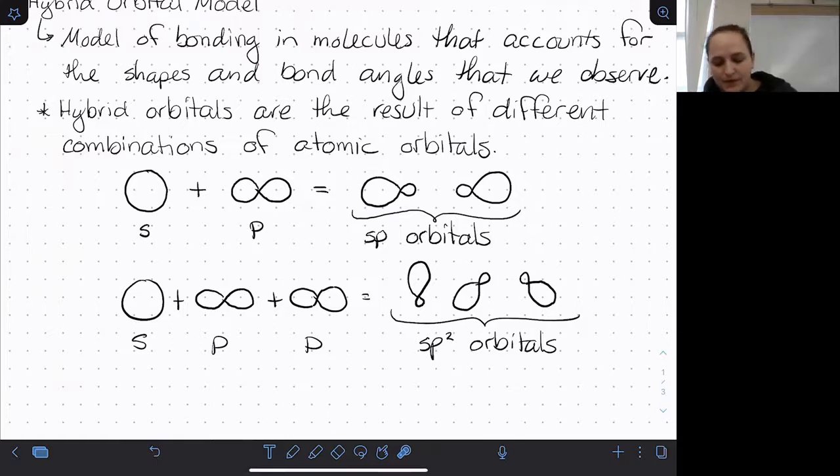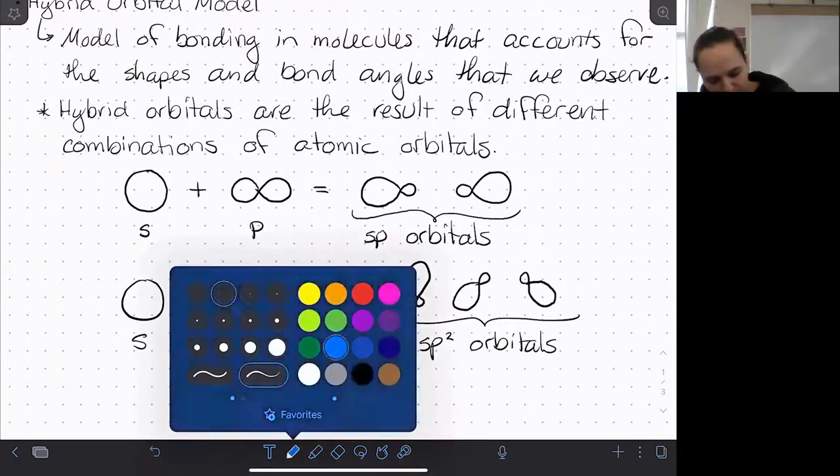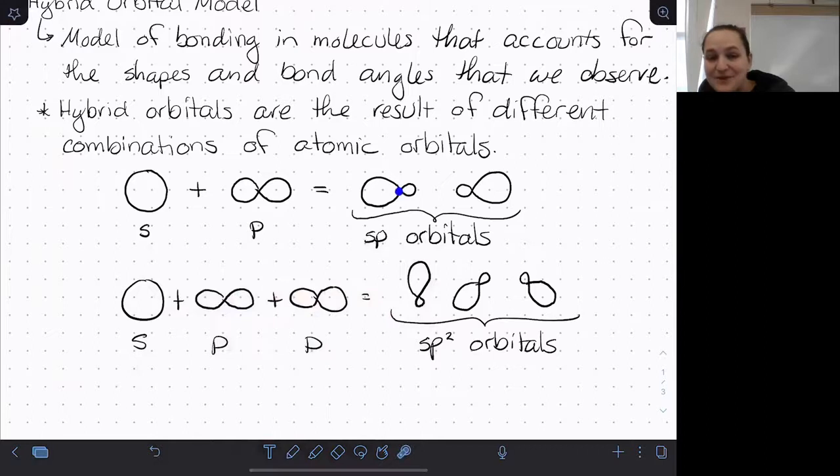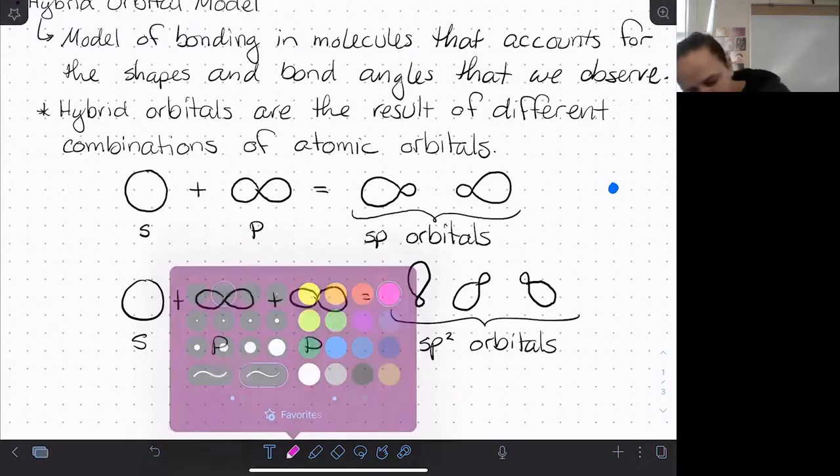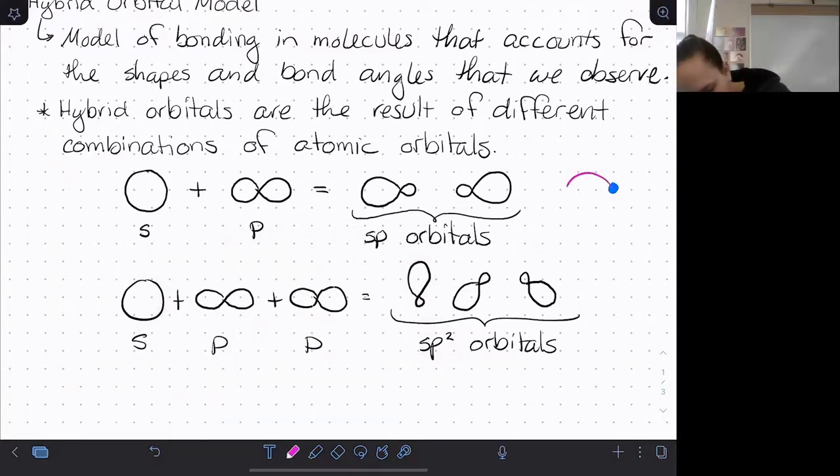So if a nucleus were at the center of this orbital, let's say that blue is our nucleus, and we put these two orbitals on the same atom, we would have one pointing out this way, the big side, and the little side goes this way.